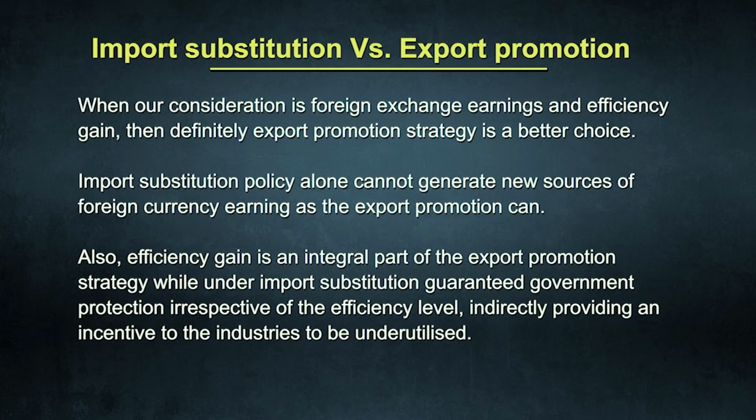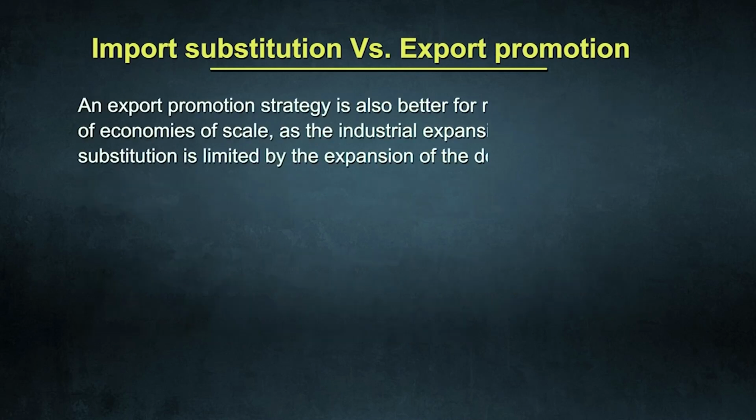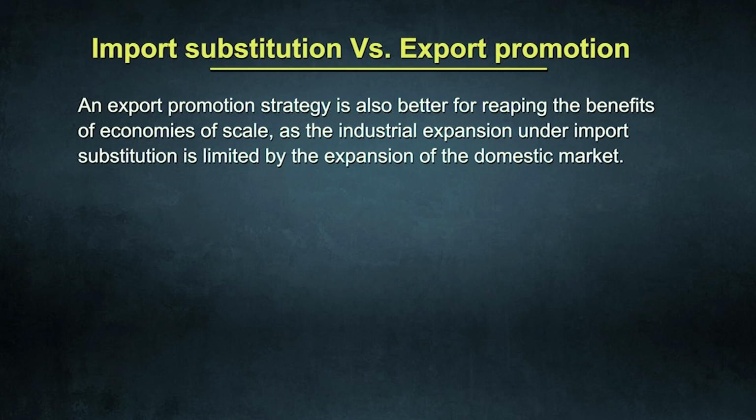While under import substitution, guaranteed government protection, irrespective of the efficiency level, indirectly provides an incentive for the industries to be underutilized. An export promotion strategy is also better for reaping the benefits of economies of scale, because the expansion of the import substituting industries is limited by the expansion of the domestic market only.